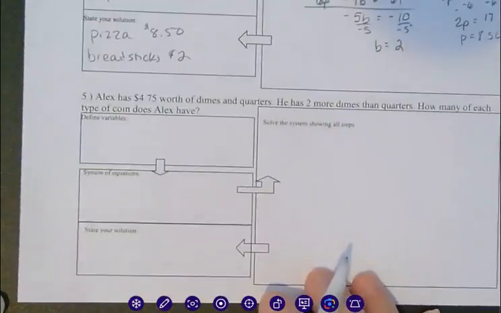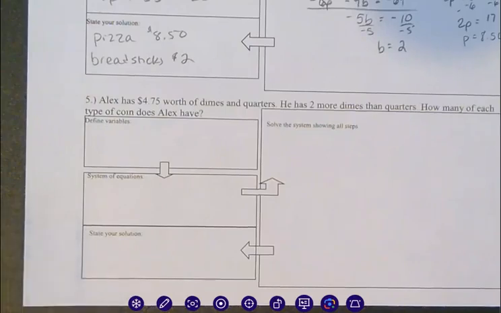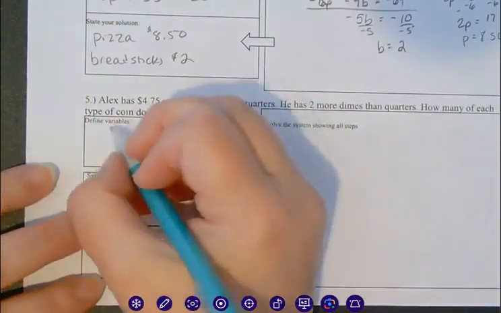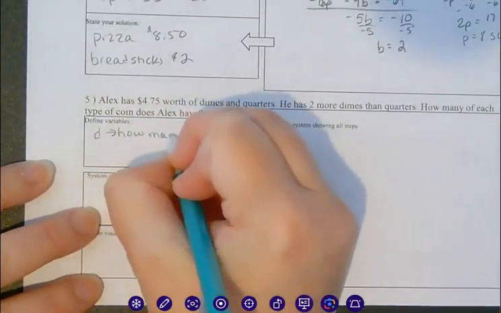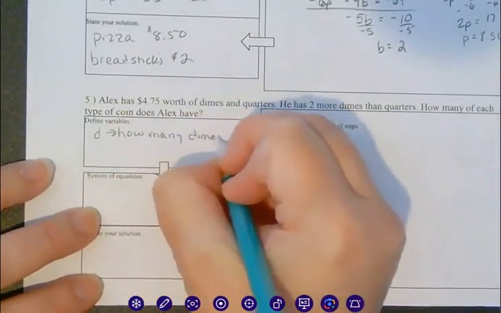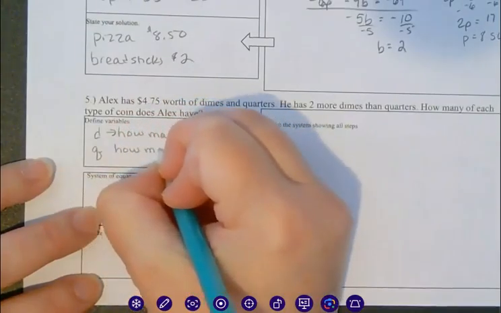All right, let's do the last one here. Alex has $4.75 worth of dimes and quarters. He has 2 more dimes than quarters. How many of each type of coin does Alex have? So Alex has dimes and quarters. I want to know how many of each type he has, so I'm going to let D be how many dimes, and I'm going to let Q be how many quarters.